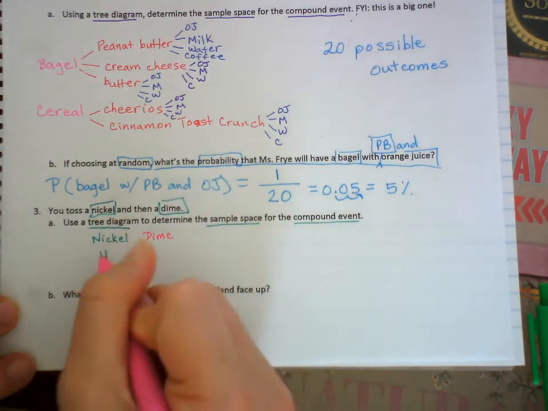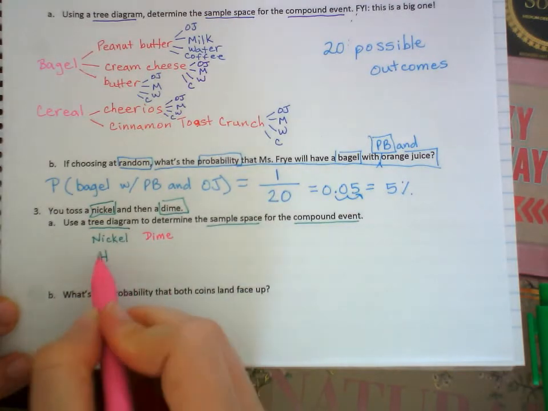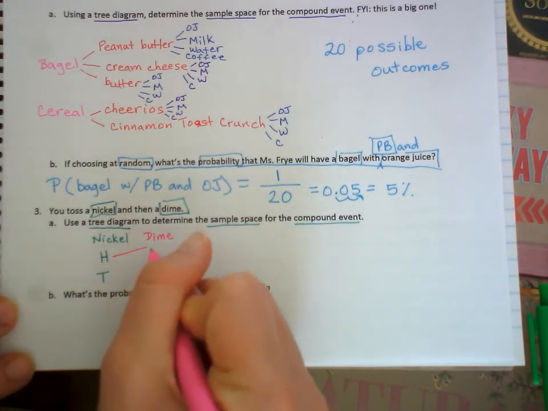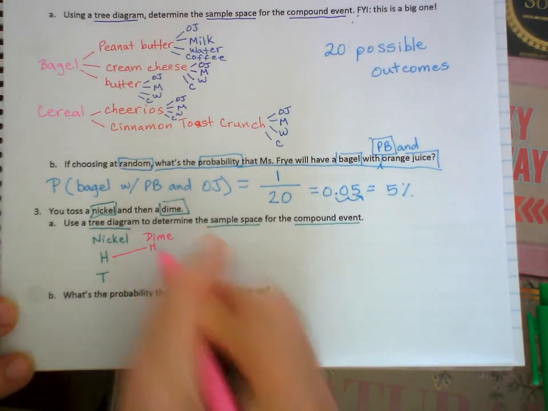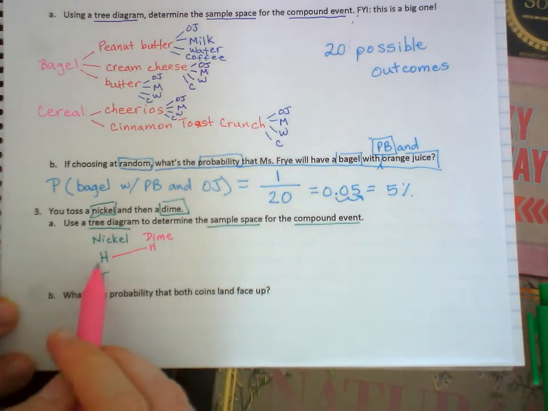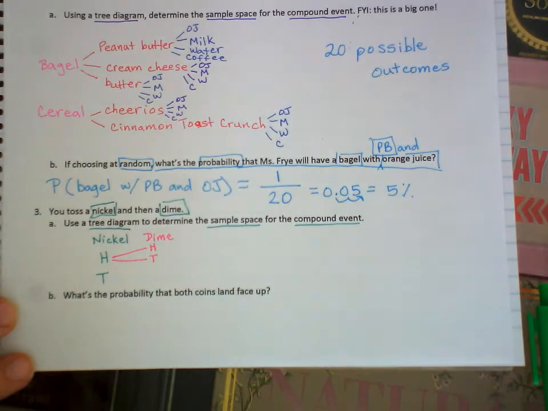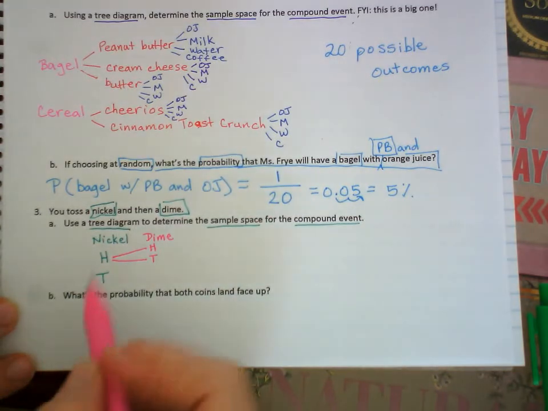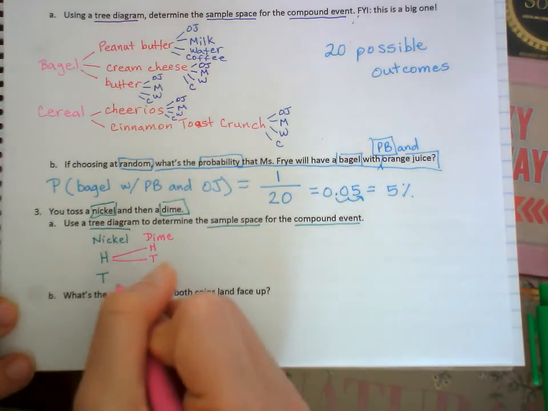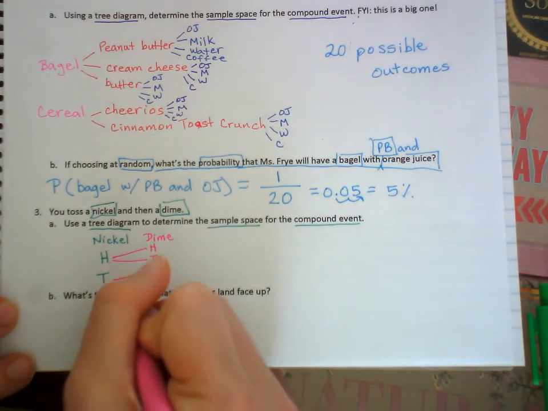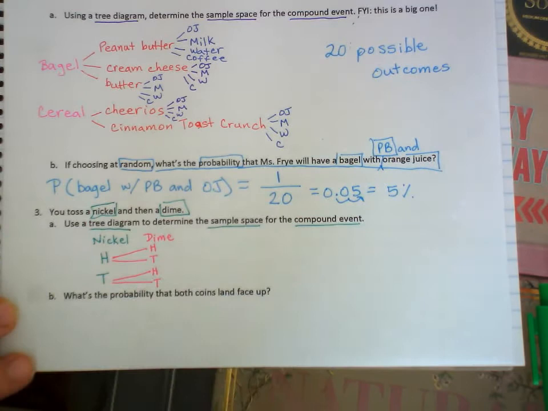You have to draw the branches from the nickel. We could flip heads for the nickel, and then flip heads for the dime. Or flip a heads for the nickel, and then flip tails for the dime. You could originally flip tails for the nickel, and then heads for the dime. Or tails for the nickel, and tails for the dime.